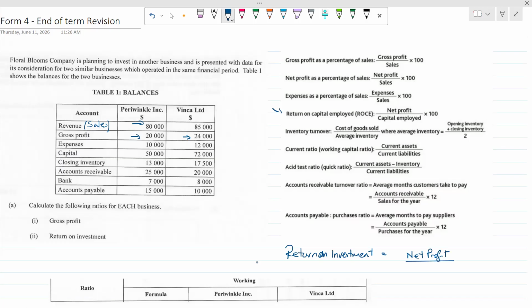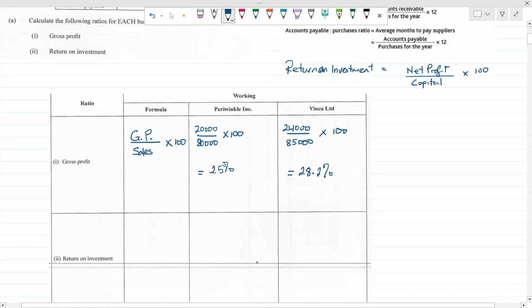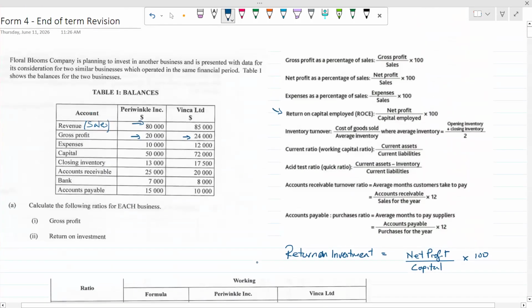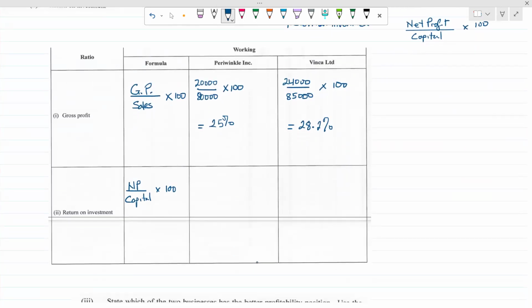Just pretty much the same thing we're doing here, right? So net profit over your capital multiplied by 100. The net profit for Periwinkle would be our gross profit minus our total expenses. So we could adjust that a little bit here.